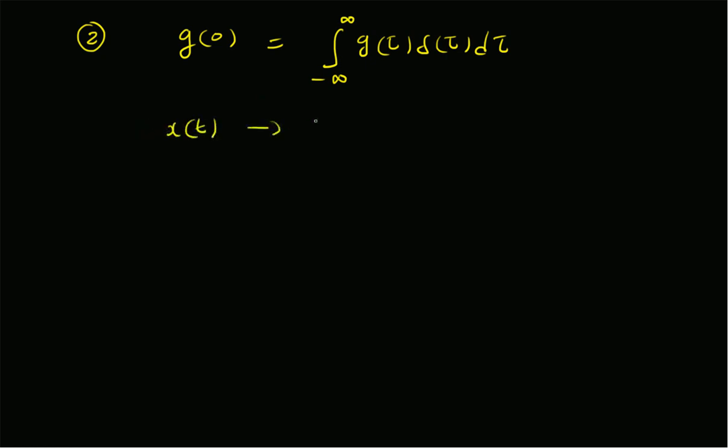The second implication is that any signal at time t equal to 0 can be defined as the integral from minus infinity to plus infinity of g of tau delta of tau d tau. That is the definition of the initial value of a signal based on the impulse signal. To verify this, just replace x of t with g of minus t in the operational definition.